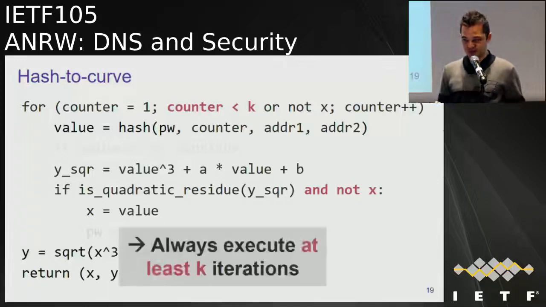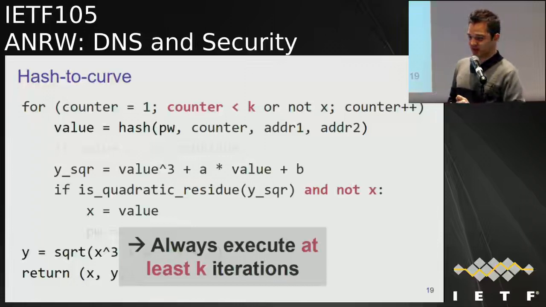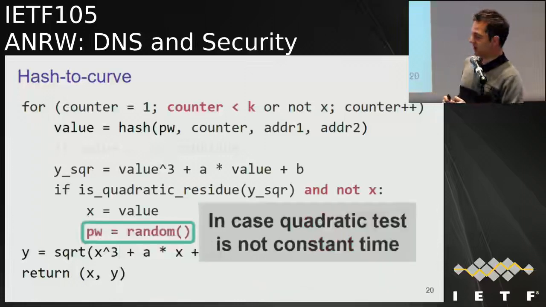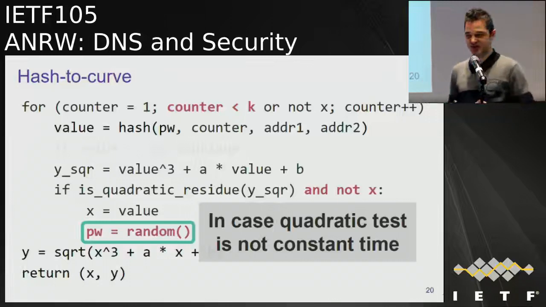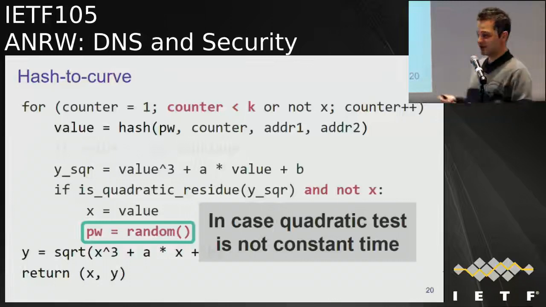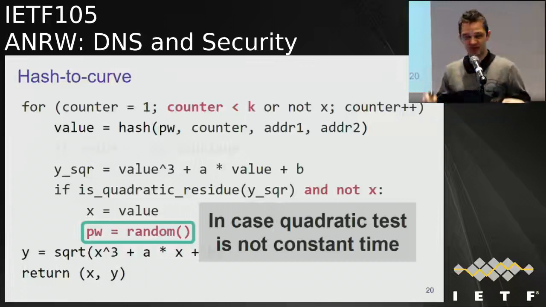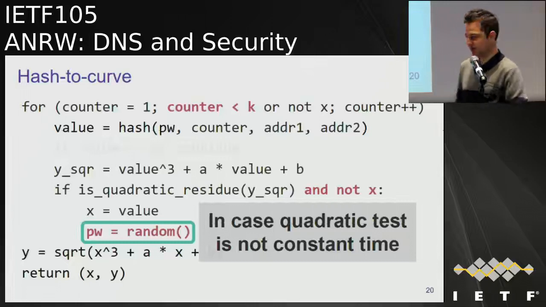And this prevents at least the timing attacks against NIST curves. There is one other extra defense that they included here, which is that once the password has been found, they execute these extra iterations based on a random password. Now, this is just defense in depth in case there is something wrong with the code.